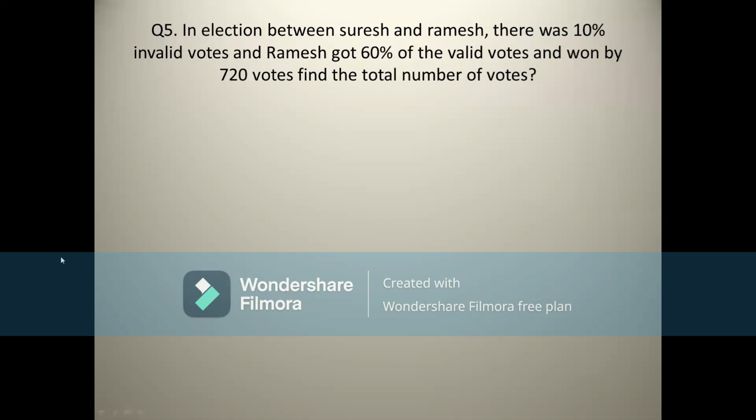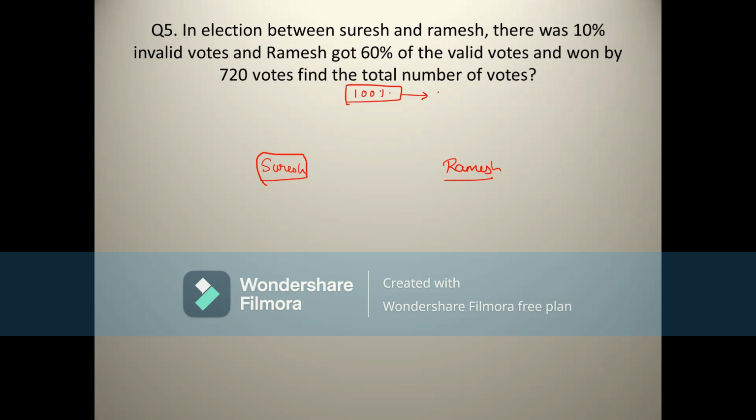Okay, we will see. In this question, they have told us that the election is between Suresh and Ramesh. The total number of votes will always be 100%.